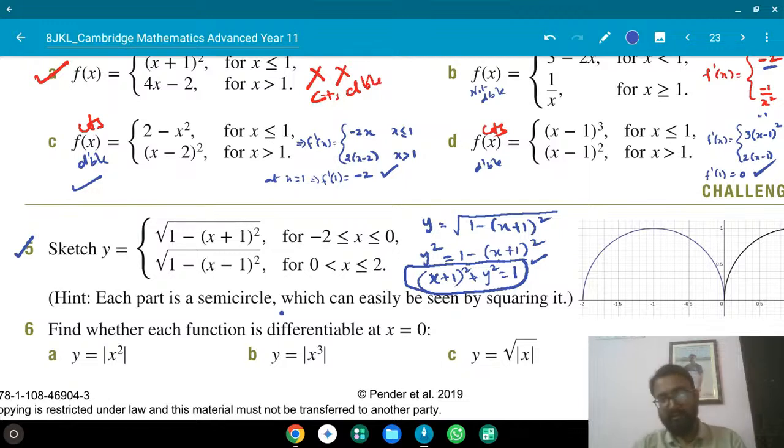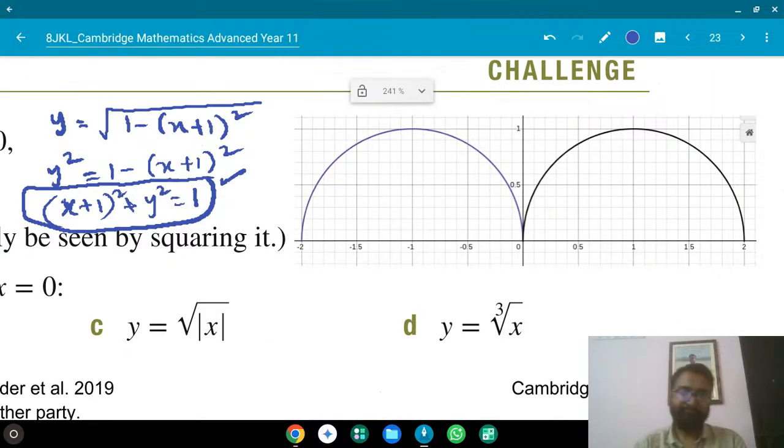What is the center of the circle? It is minus 1 comma 0. Not only the x value, this is a point he asked.